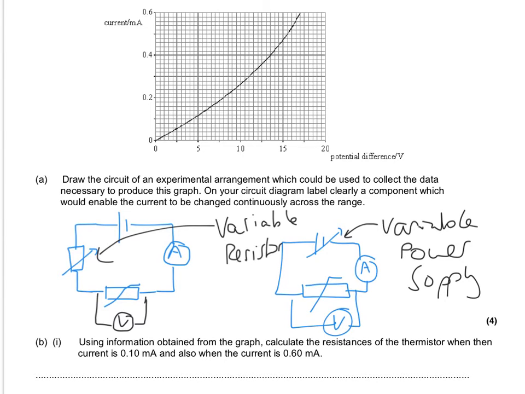So in terms of the mark breakdown, there was one for having a voltmeter in parallel with your thermistor, another one for having an ammeter in series, because those are the two measuring devices, another one for having the other components in the circuit you need, so either these two or just this by itself, and then the final one for labeling the correct component as the one you're going to change.